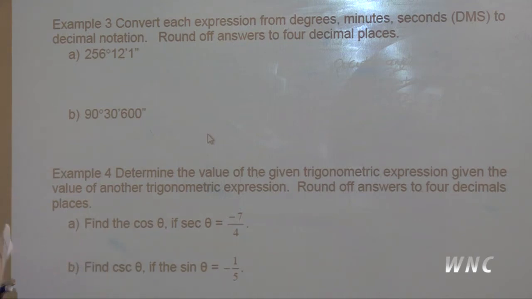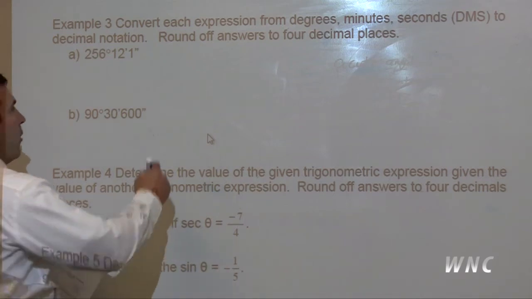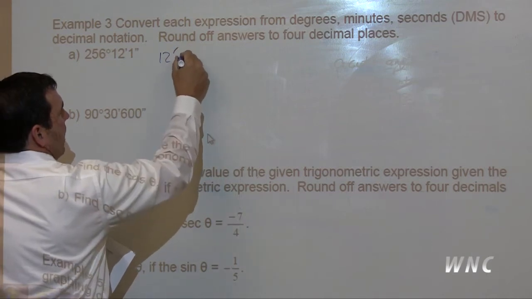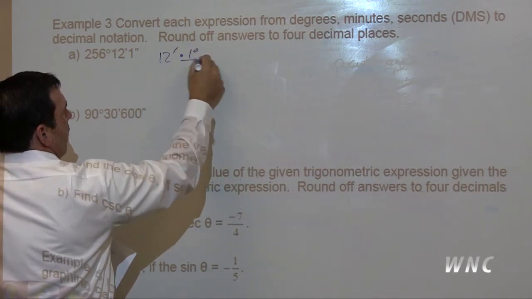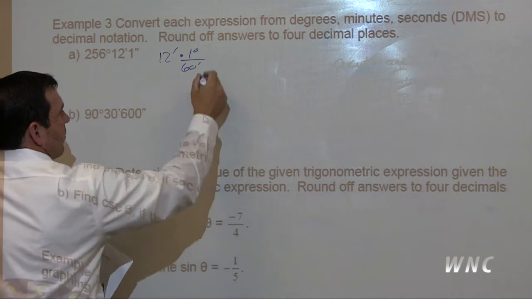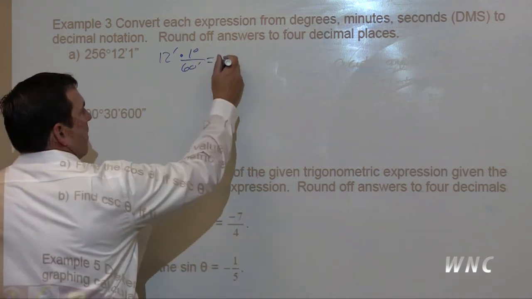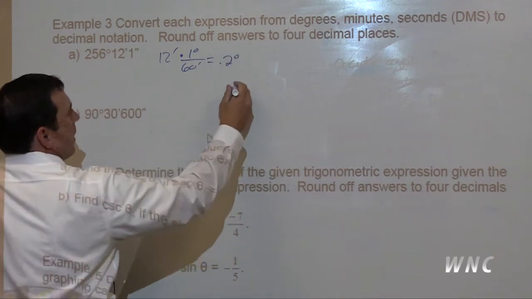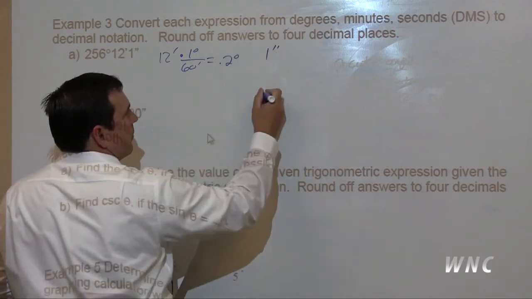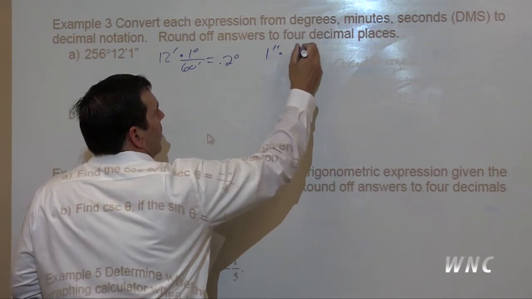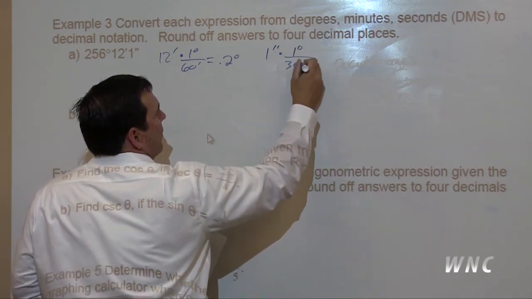Okay, so we have 256 degrees, 12 minutes, and 1 second. So first of all, we're going to convert 12 minutes times 1 degree over 60 minutes. And that's going to be 0.2 degrees. And then we have 1 second. 1 second times 1 degree over 3,600 seconds.